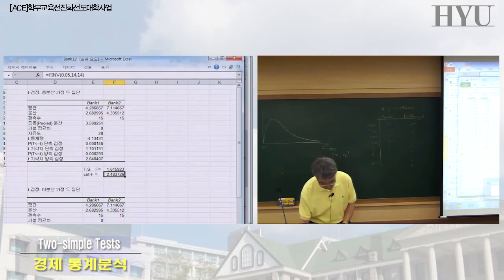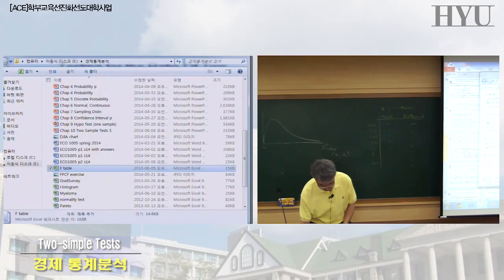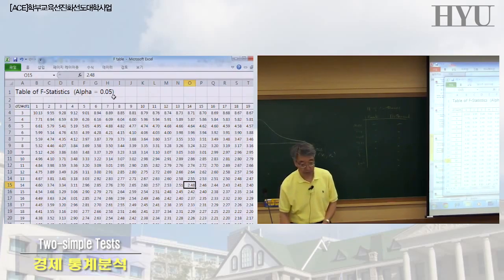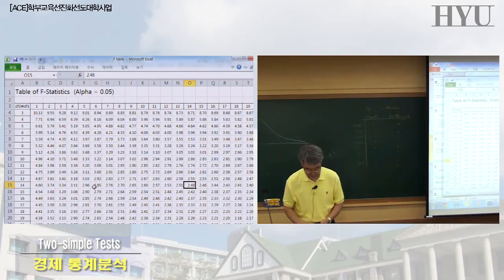Where is the table? Did I close the F table? Oh, here we go. So make sure you understand how to use the F table to find the critical value. You'll probably see the same table in your final exam. And again, if you want to use a different alpha level, you have to use a different table. There's a separate table for each alpha level.